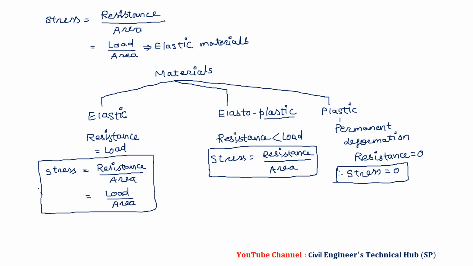This is first part. Now we have second part, that is the unit of stress. Always keep in mind, I always mention in the class also, you have to derive the units. So we have stress. Stress equal to, you can write R upon A, or you can write P upon A. Unit of P is Newton and unit of A is per millimeter square.